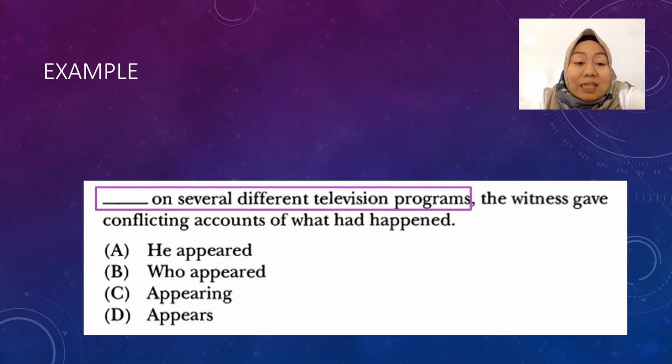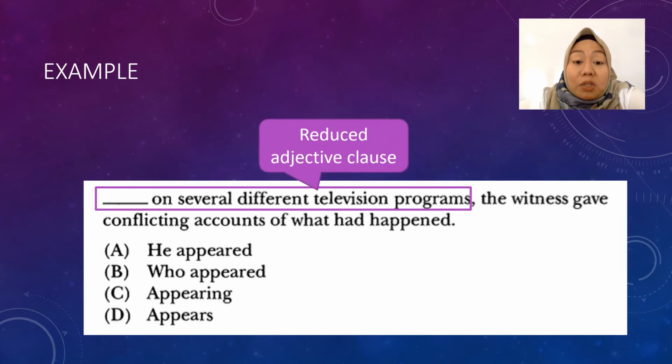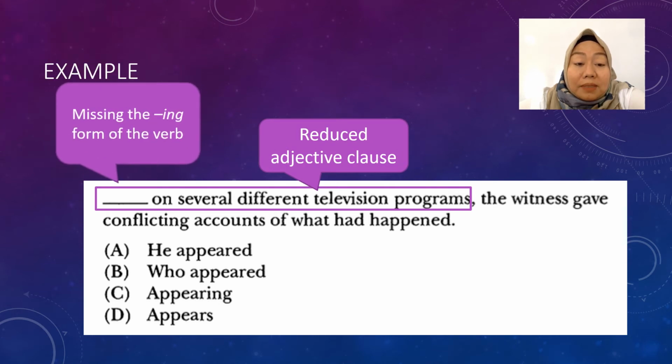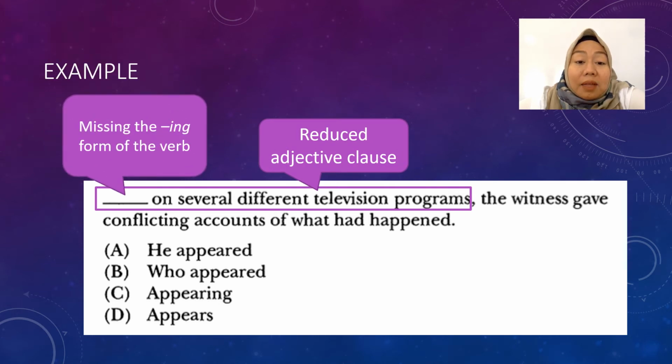Okay, the answer is, because it is reduced, the witness is active, so it should not be appeared, but appearing. Yeah, because it's active. So the answer is, appearing on several different television programs, the witness gave conflicting accounts of what had happened. Because it is the reduced form.